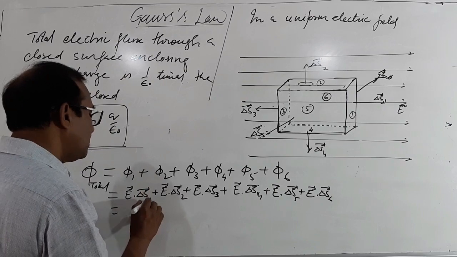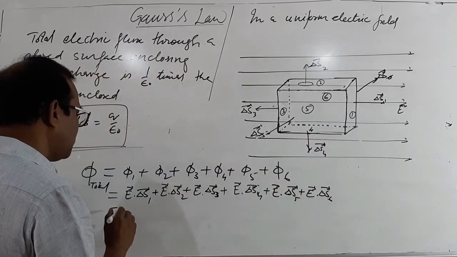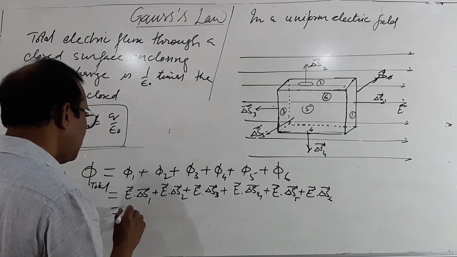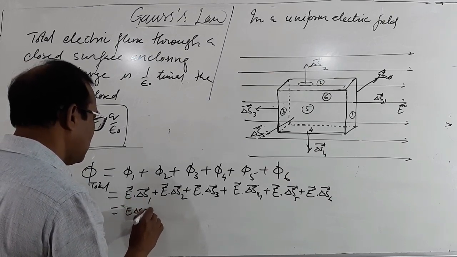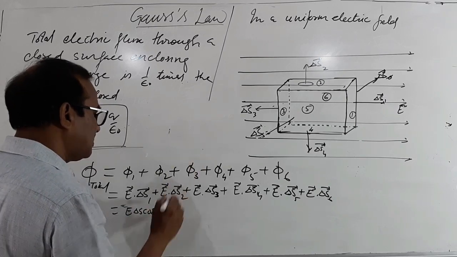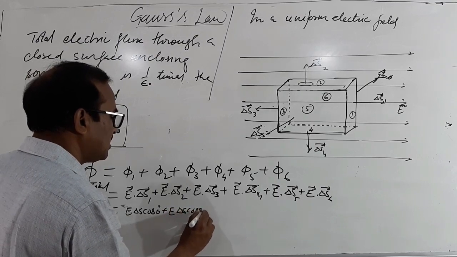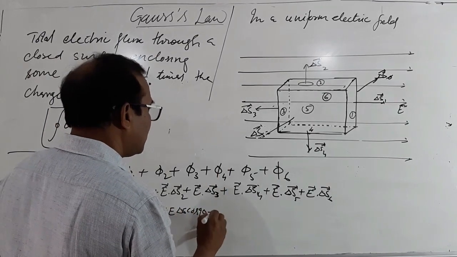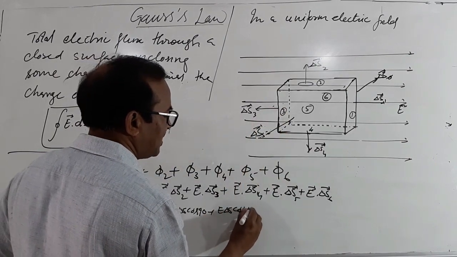Now again, on face 1, the angle between these two is 0. So here it is E delta S cos 0. Second face, E delta S cos 90. Third, E delta S cos 180.